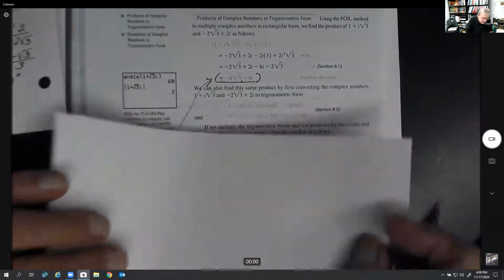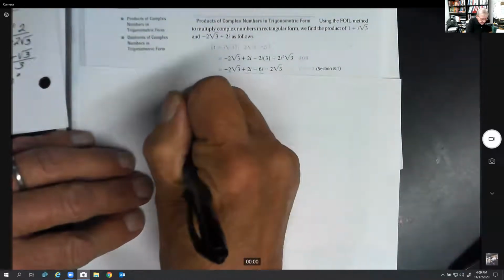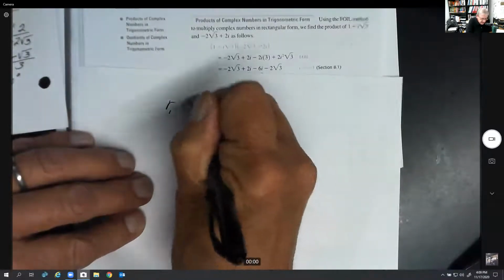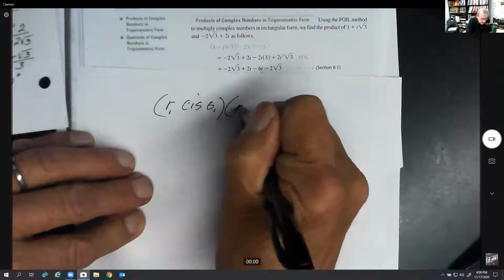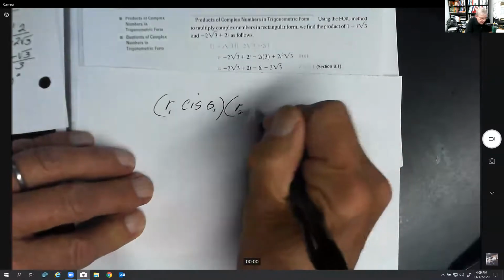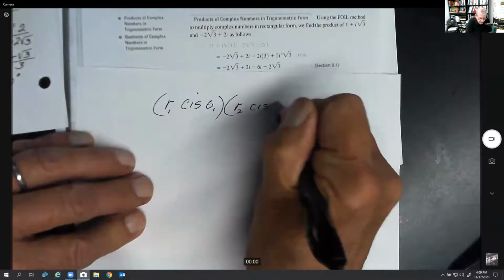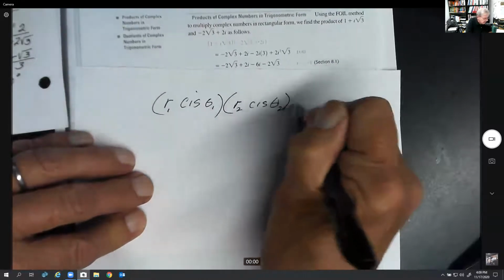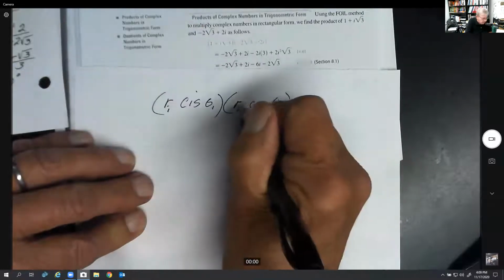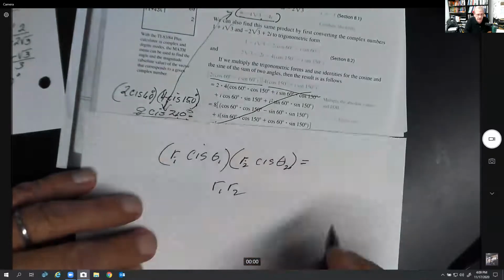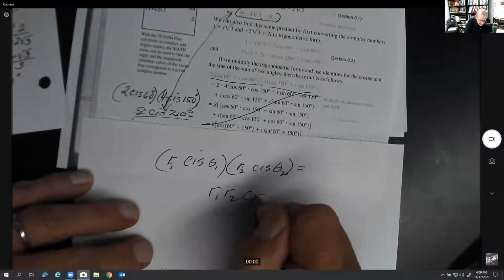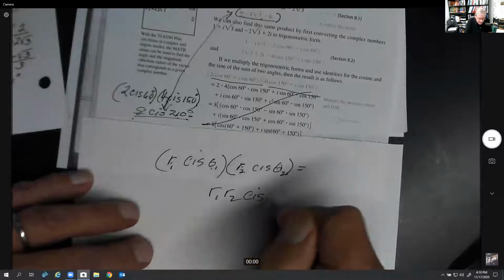On the next page, they show if you have some radius r sub 1 times cis theta 1, times a different radius r sub 2 times cis theta 2, it's equal to r sub 1 times r sub 2, cis theta 1 plus theta 2.